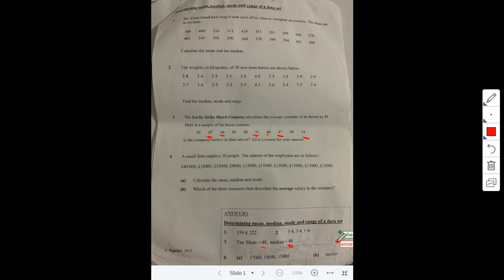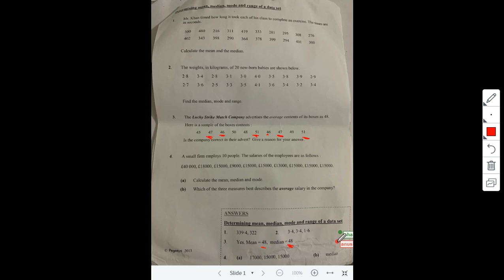It's given that the company advertises the average contents of its boxes as 48, which means they have calculated the average as 48. That means at least two averages should be the same. If two averages are not the same, then you have to write no, like if mean is different, median is different, and mode is different.